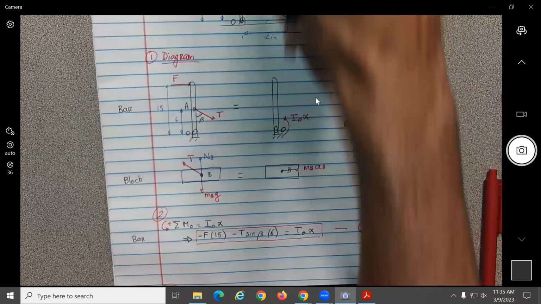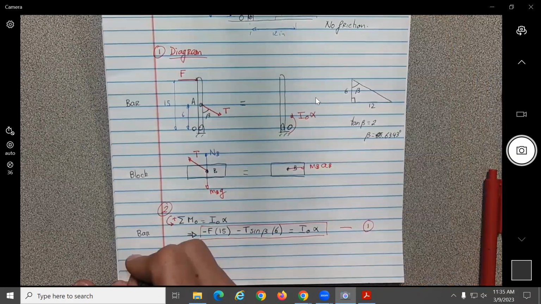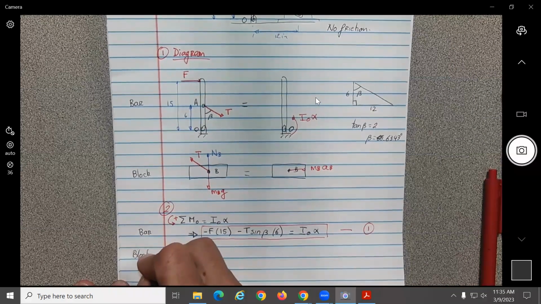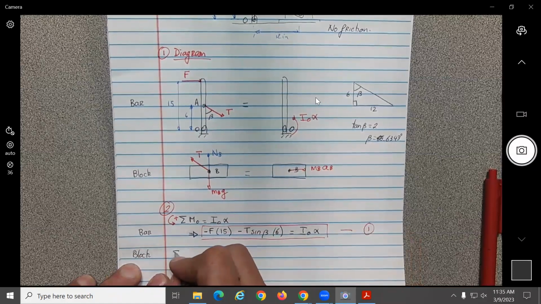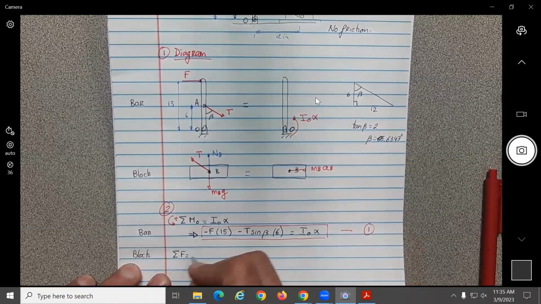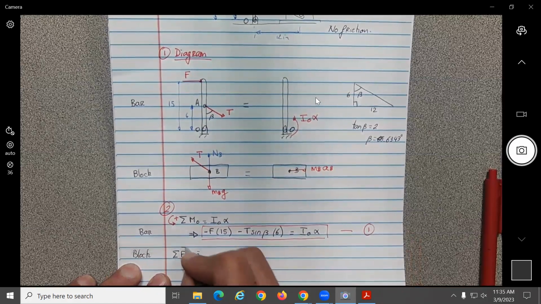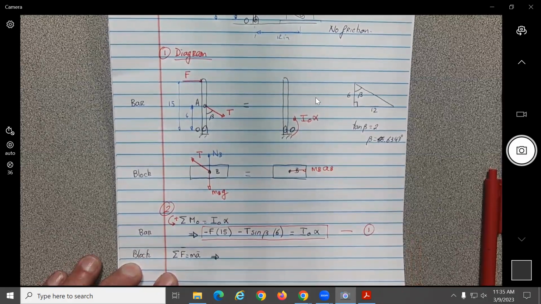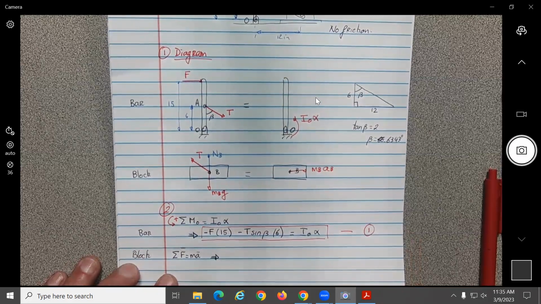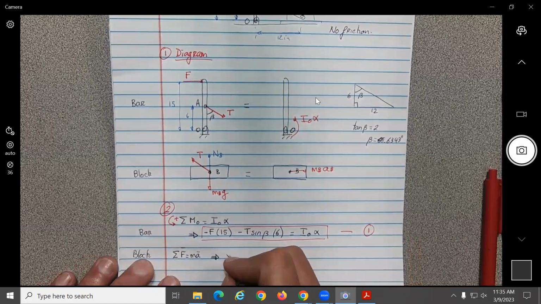Next, we look at the block. So for the block, what type of motion is the block having? Just translation, and just translation on the x. So the summation of forces on the x should be sufficient, no? Because the y, I mean, maybe the y can give us something. There is no friction. Yeah, then maybe the x direction first.